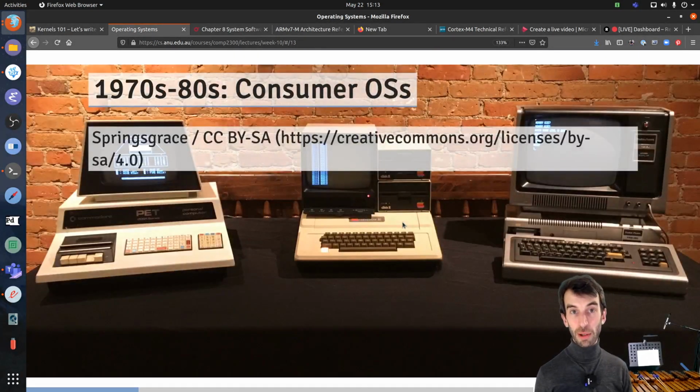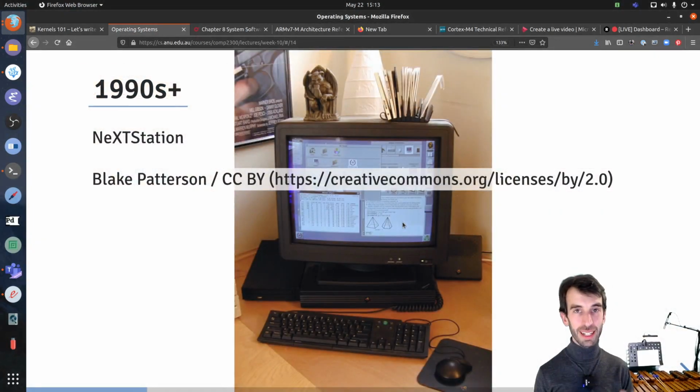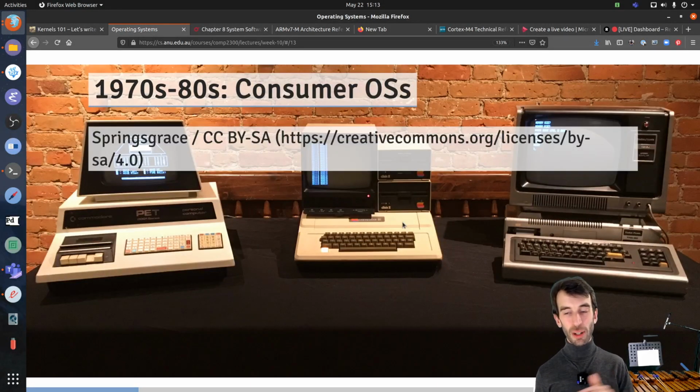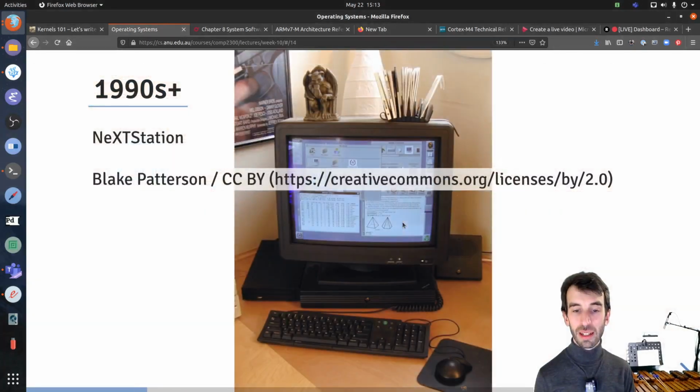Then there were personal computers which were much lower powered, much weaker, and really that was a point where operating systems stopped being developed because the OSs were much simpler systems. And then in the 90s, the personal computers became more powerful, you could do more stuff, have real multitasking again, and that leads us to today.